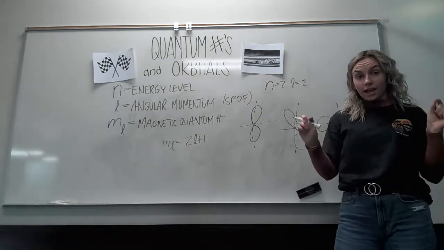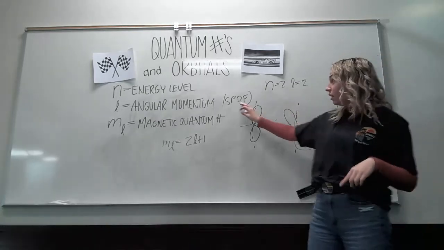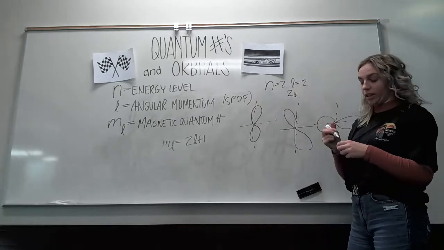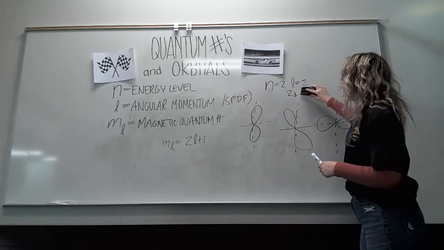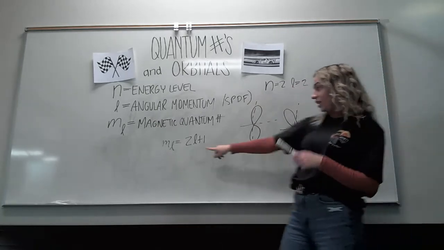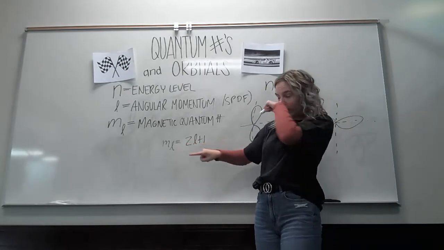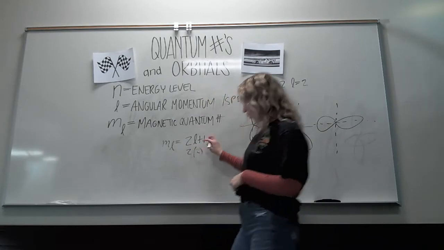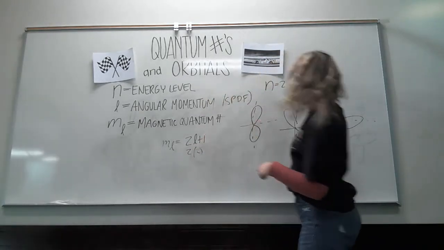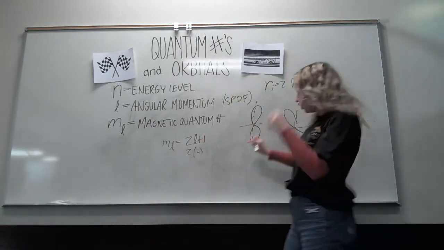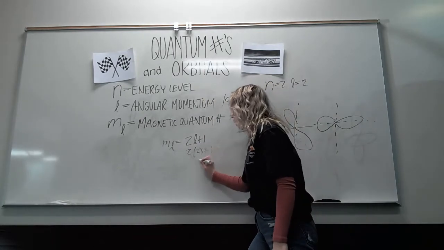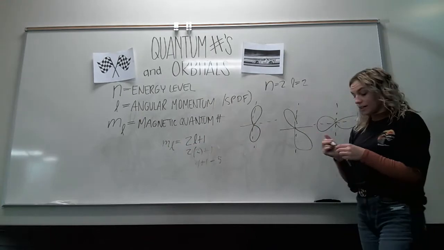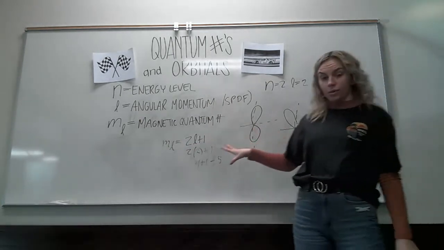Well, 0 is S, 1 is P, and D is 2. So technically this would be a 2D. But right now we're not worrying about letters, we're going to worry about the numbers. So L is equal to 2, which would mean that the magnetic quantum number is going to be 2 times 2 plus 1. So we fill in the L right there because we're using L equals 2. 2 times 2 plus 1. So we've got 4 plus 1, which equals 5. So there are 5 different possible magnetic quantum numbers.